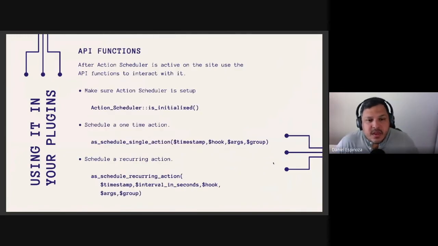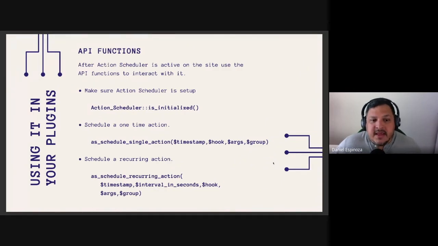So for interacting with Action Scheduler, it's super simple. There are really three main API functions to remember. One is, before you schedule an action, you can call action_scheduler_is_initialized to see, is everything set up correctly, and is Action Scheduler actually running?